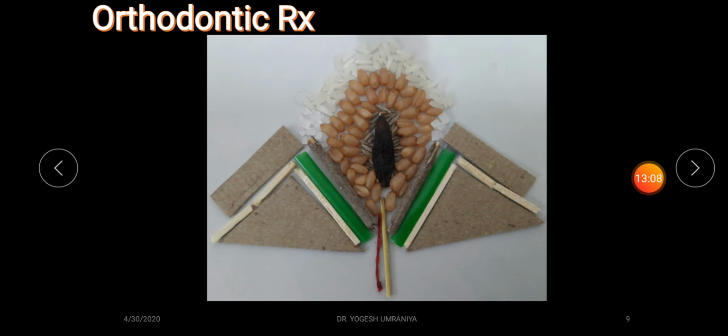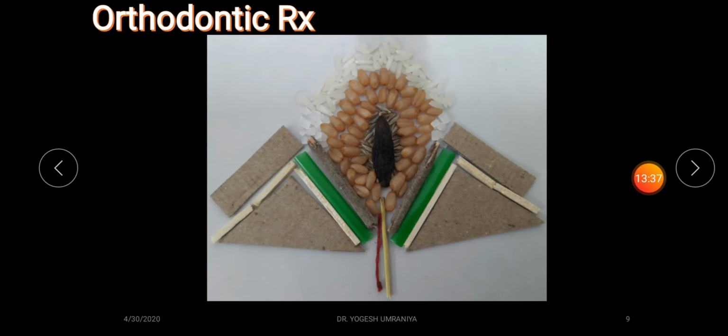Next one, that is orthodontic treatment. So this is something regarding the treatment of the position of the teeth. Whenever there is a misarrangement or misalignment of the tooth within the tooth socket, okay, it is corrected with the help of the periodontal ligament as well as the cementum.